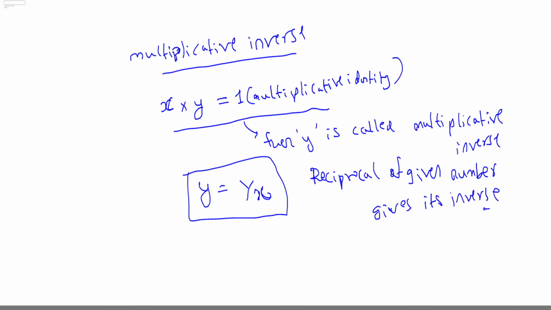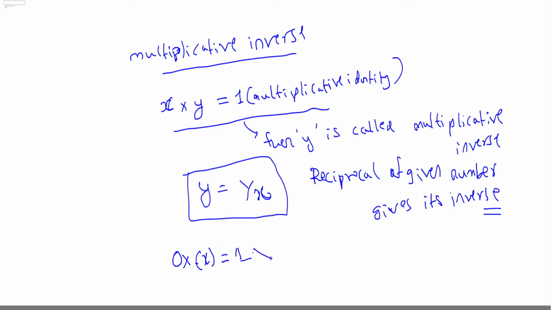Anyway, my question is: if 0 is the rational number, instead of x, I am going to take 0. If you multiply it with any rational number, can you get 1?